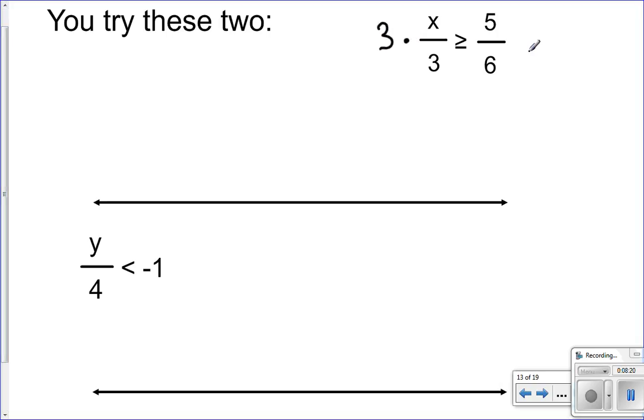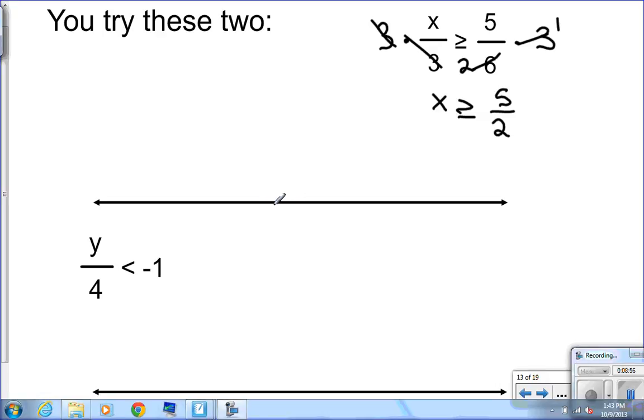I'm going to multiply both sides by 3, and I get x is greater than or equal to, and 5 times 3 divided by 6, well, that's 15 over 6, or that's going to reduce to 5/2. And the reason why is because I can cross reduce, and this becomes 2, this becomes 1. So x is greater than or equal to 5/2.